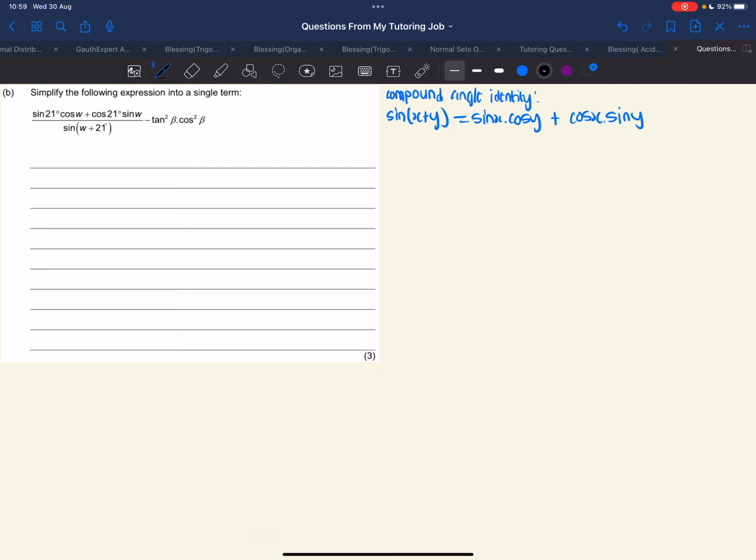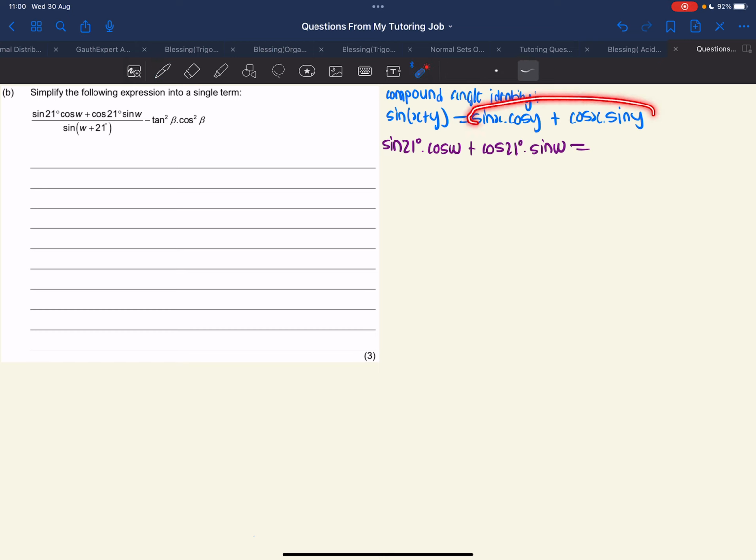If you look at the numerator of that fraction, can you see that it looks the same as the identity there?